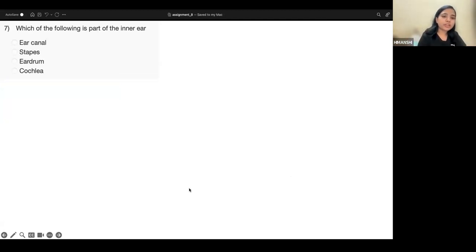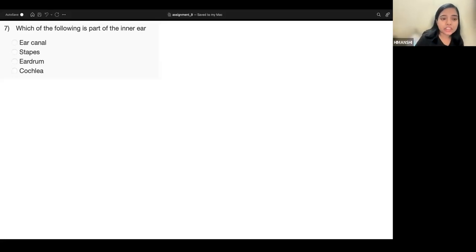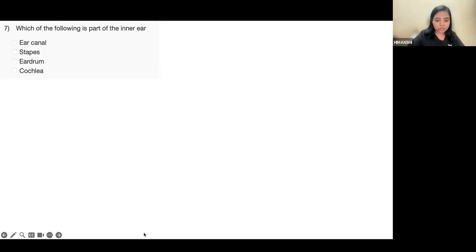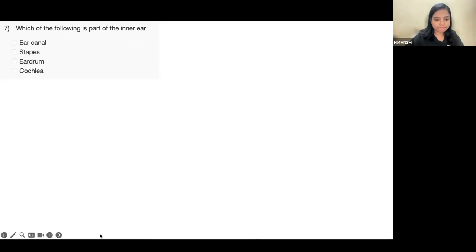which of the following is part of the inner ear? Is it ear canal, stapes, eardrum, or cochlea? I'll give you guys 1 minute as usual. Put your answers in the chat box.